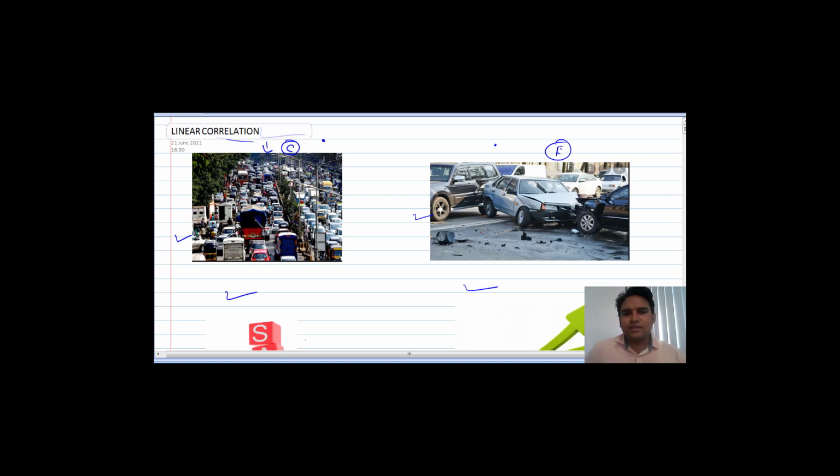That means the number of vehicles on the road is the cause for the accidents on the road. You know this. If there are more vehicles on the road, there are more chances of accidents on the road. So this is the cause, this is effect.